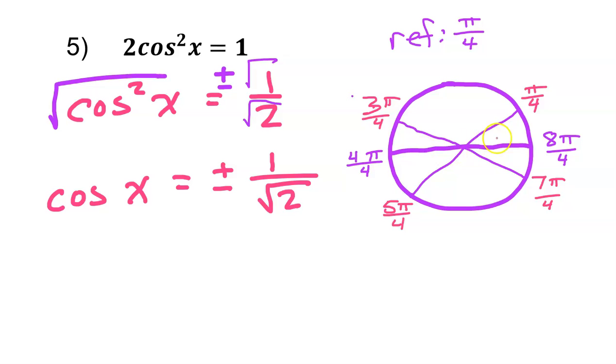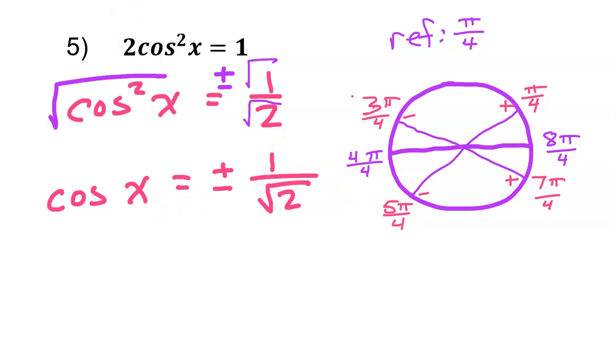The cosine of any of these angles will be some kind of 1 over radical 2. It's just that in the first quadrant and the fourth quadrant, we will get a positive 1 over radical 2. In the second quadrant and in the third quadrant, we will get a negative 1 over radical 2.